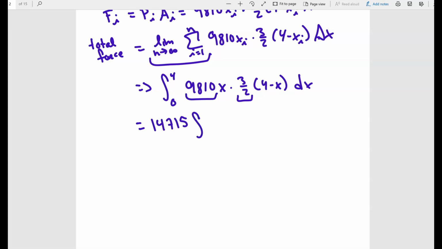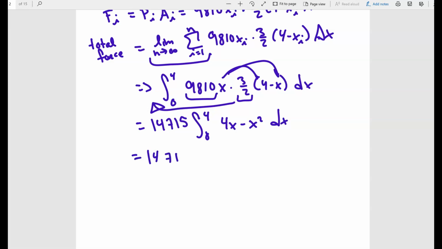What that's going to give me is 14,715 times the integral from 0 to 4. And then let me distribute this x. I'm going to have 4x minus x squared. So I got this guy, plug it in here, and then this guy, I just put it outside, dx. So I'm going to have 14,715. I'm going to take the antiderivative of this, which is going to give me 2x squared minus x cubed over 3.